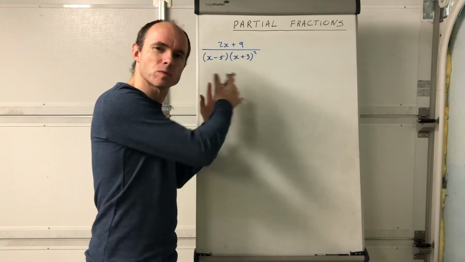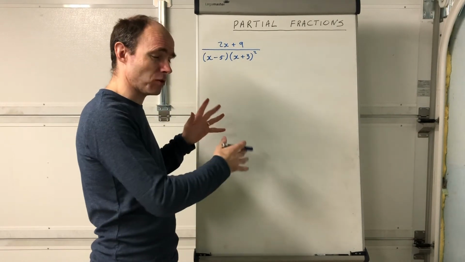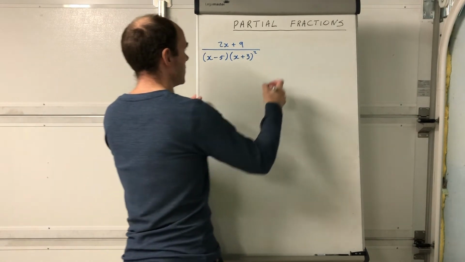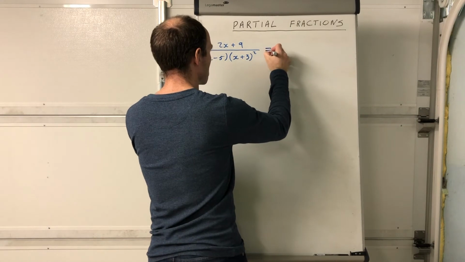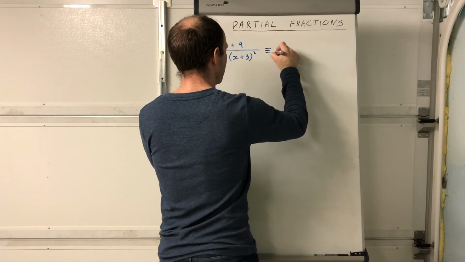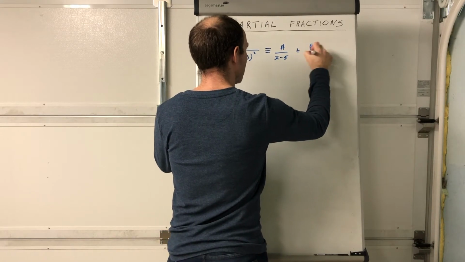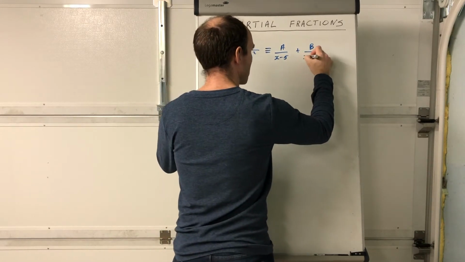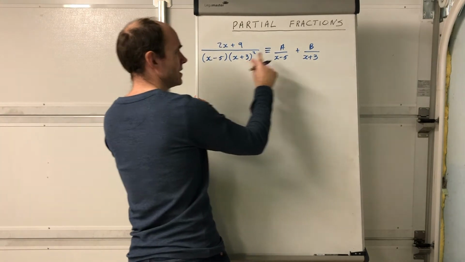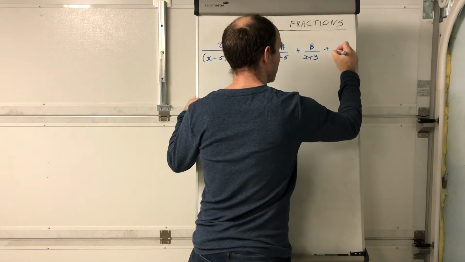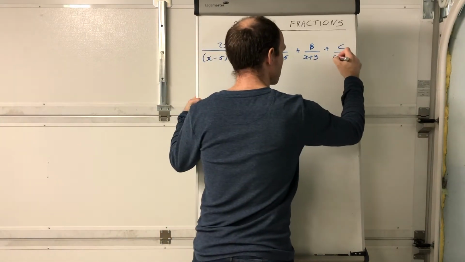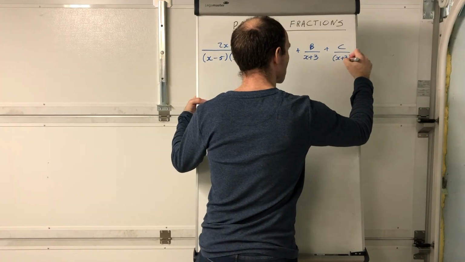Okay, so that's why I want to do this. I've not seen it before. I'd just like to do it. So the partial fractions, of course, will be of this form: a over x minus 5, and then plus b over the linear of this one, x plus 3, and then c over the quadratic bit, x plus 3 squared.